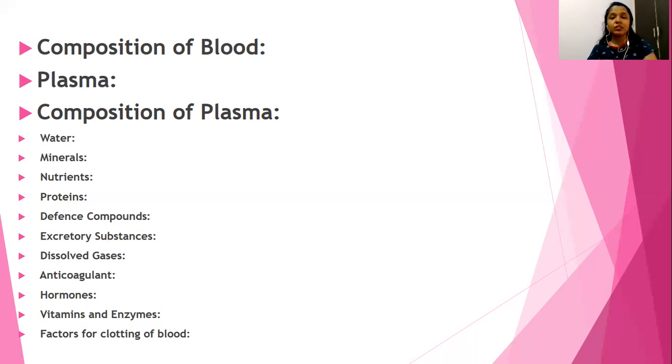So the excretory products will also be there in the plasma. And the dissolved gases. The major role of the blood is to transport gases. Dissolved gases like oxygen and carbon dioxide, even nitrogen, will be there in the plasma. Anticoagulant plays a very major role in maintaining the consistency of blood.